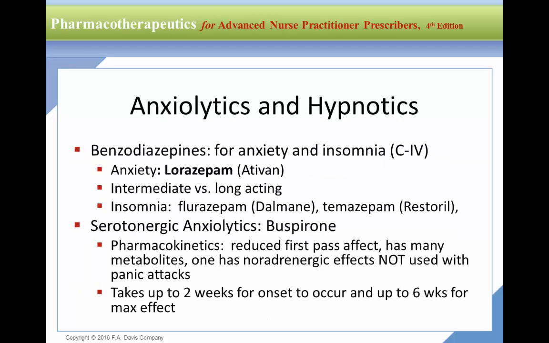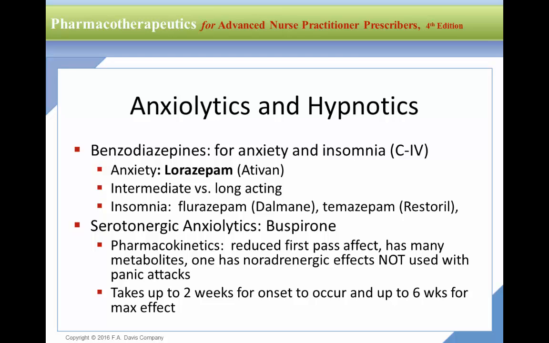In addition, for anxiety and for insomnia, you could use, as we stated, lorazepam, even though it's best to use the short-acting to avoid excessive daytime sleepiness and drowsiness. You could use lorazepam Ativan, which is an intermediate and long-acting.